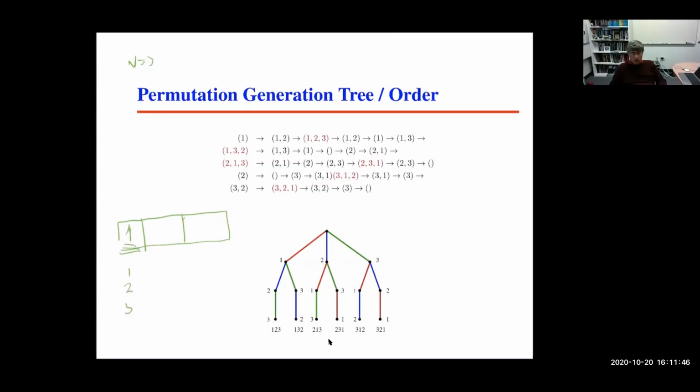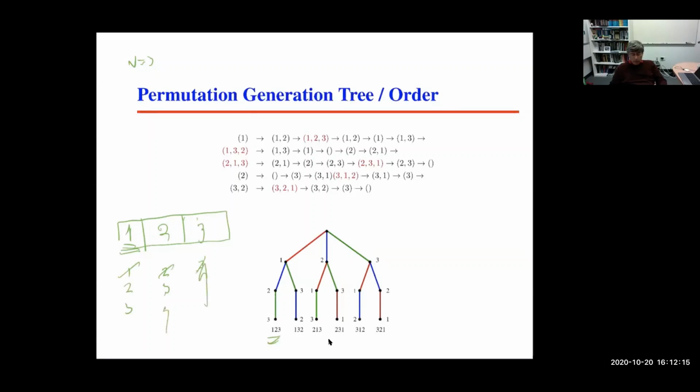I put in a 1. What are my choices for the second spot? 2 or 3. And for the third spot? Just 3. Have I filled it in completely? Bingo. I now can print it out. That's 1, 2, 3.